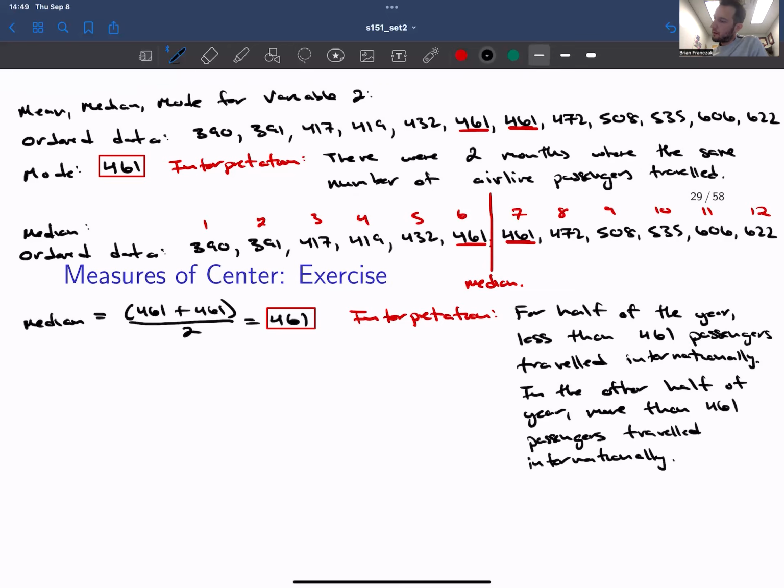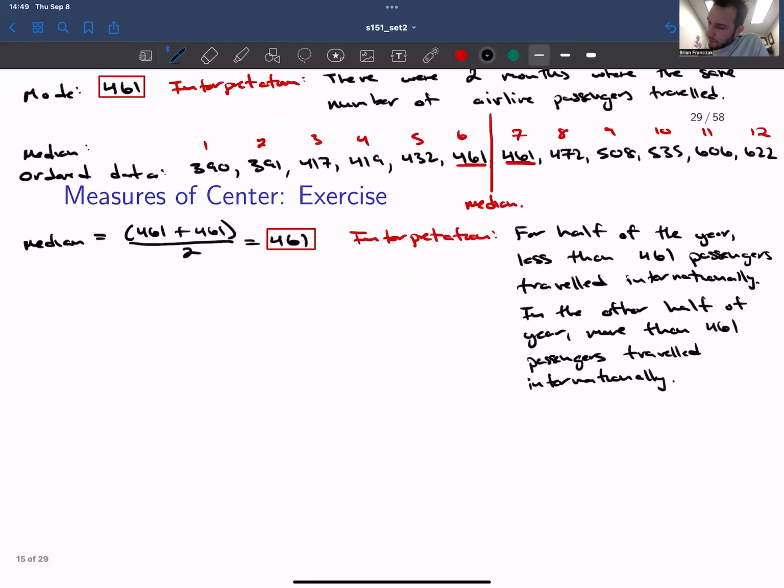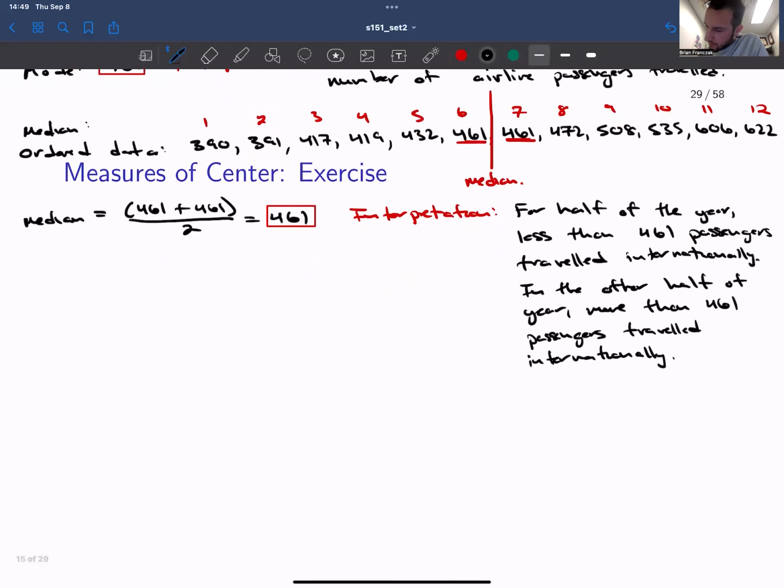Okay. So the last value that we need to compute is the mean. So the mean, as we know, is just the sum of all the values divided by the total number of values in the data set. So the mean is equal to 390 plus 391 plus 417. Okay, and then the dot dot dot just means include the other values.